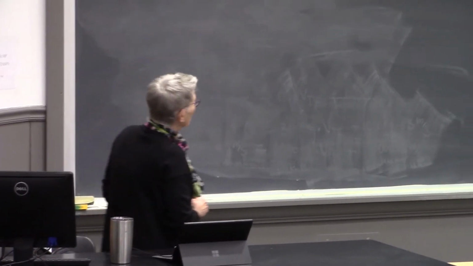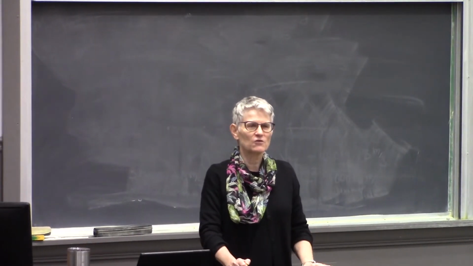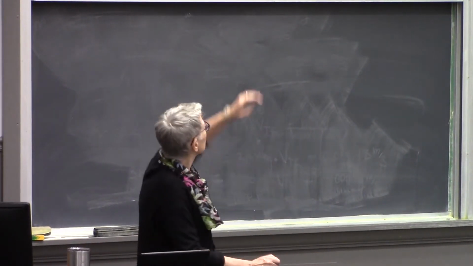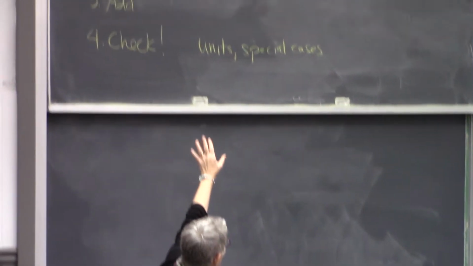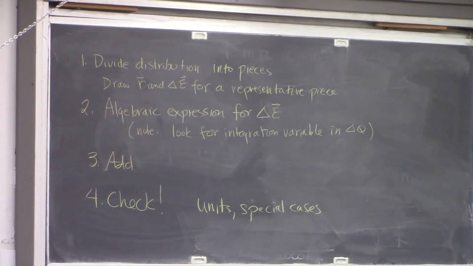What you should have gotten out of this discussion is not to memorize the electric field of a long uniformly charged rod, but this approach, this procedure for finding the electric field of charge distributed on some macroscopic object, is a very general approach. It works anywhere, although you can't necessarily use calculus to get an algebraic expression.